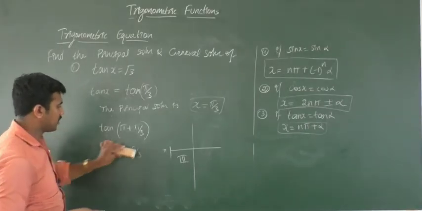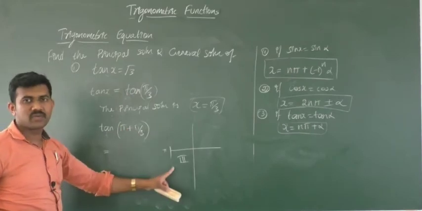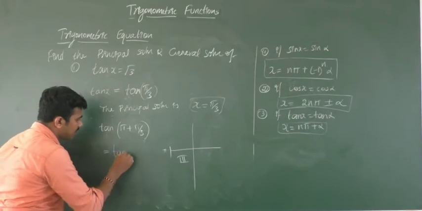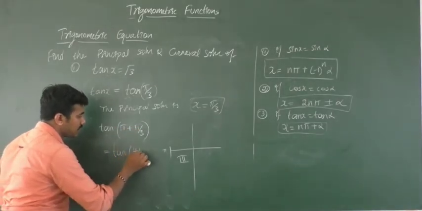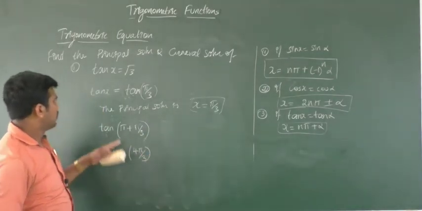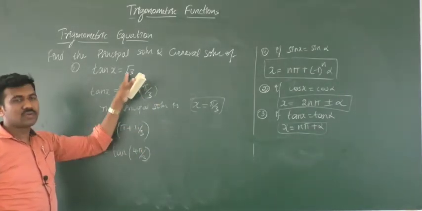So we can write tan pi by 3 as tan of pi plus pi by 3 in the third quadrant. Take the LCM: 3 pi plus pi, 4 pi by 3. So tan pi by 3 is the same as tan 4 pi by 3. So this is also equal to root 3.